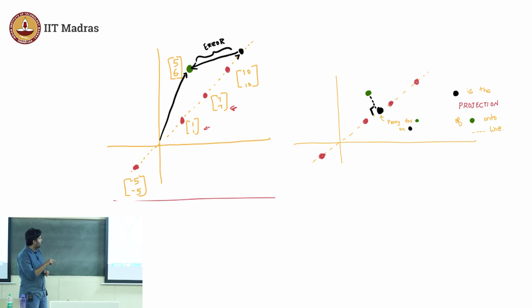Maybe this point was here, maybe this point was the origin. I am deciding to choose a point as a proxy for this green point. I can choose it anywhere, right? But where would you choose it? If you had to choose a proxy for the green point along the yellow line, shortest distance, why?